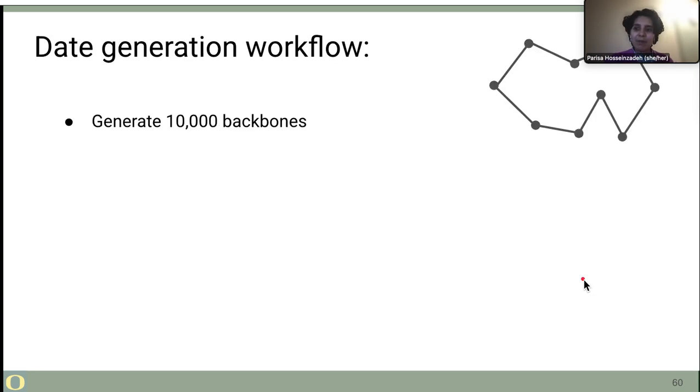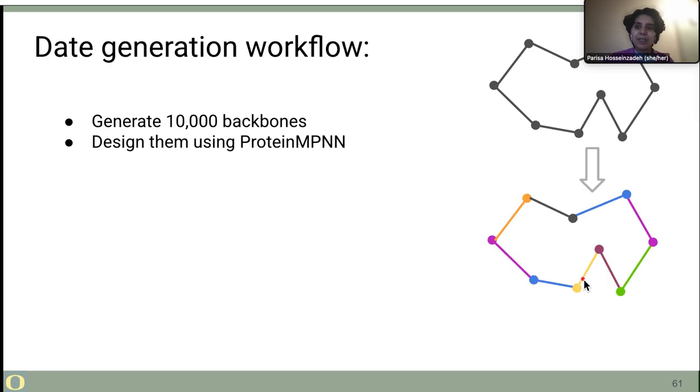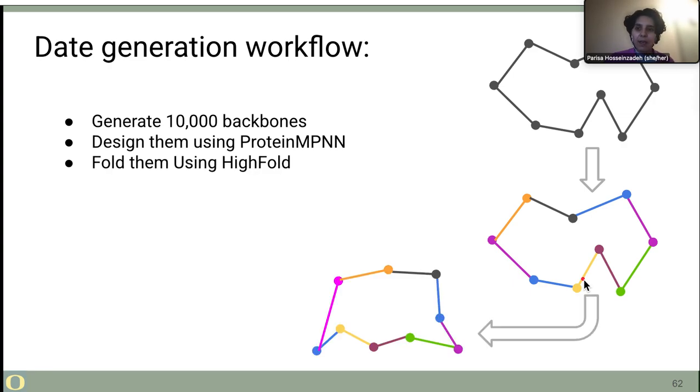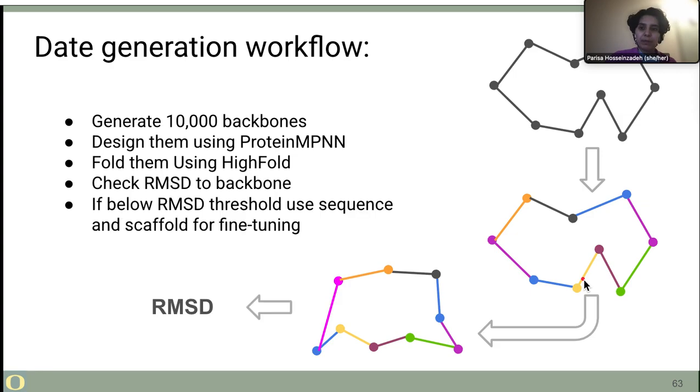The first step is, of course, generating 10,000 backbones using cyclic MPNN, and then designing them using protein MPNN, folding them using HighFold, and then calculating RMSD, and if RMSD is lower than a threshold, going forward.